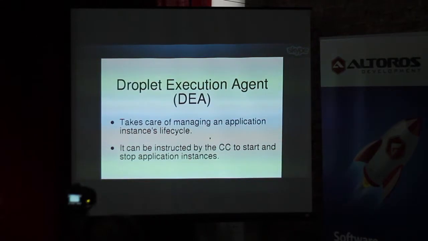The next main component is the DEA, the Droplet Execution Agent, and it takes care of managing an application instance life cycle. It can also be instructed by the Cloud Controller to start and stop application instances.